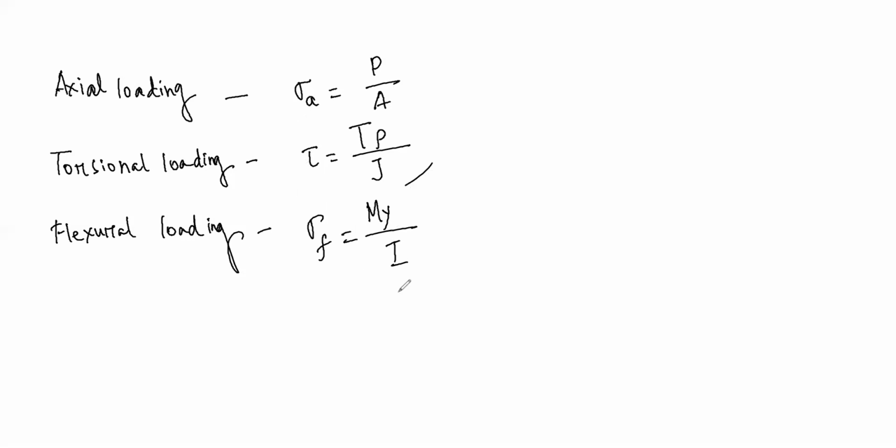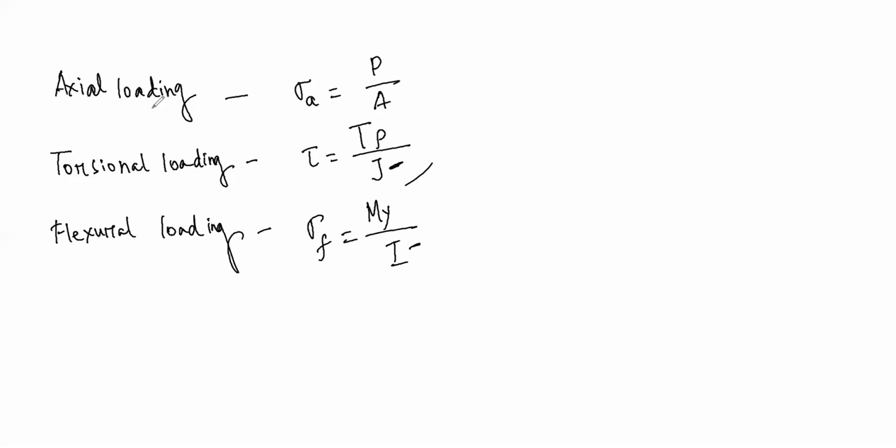This is the polar moment of inertia, and this is the moment of inertia. Combined stress can have a combination of axial-torsional, axial-flexural, torsional-flexural, or axial-torsional-flexural loading. It can be a combination of all of these.